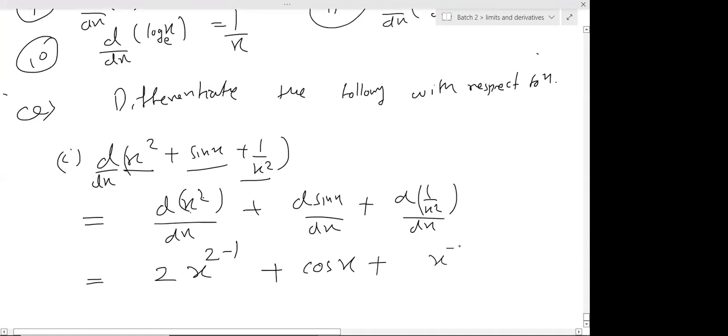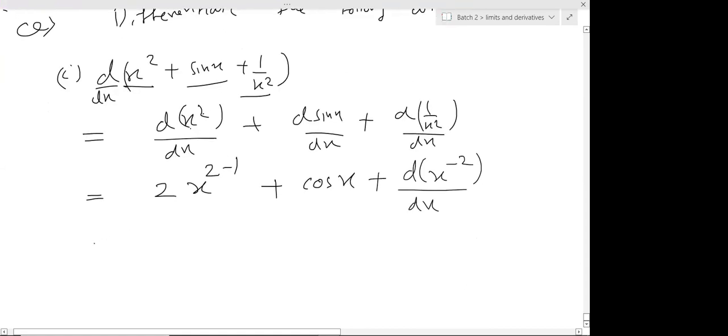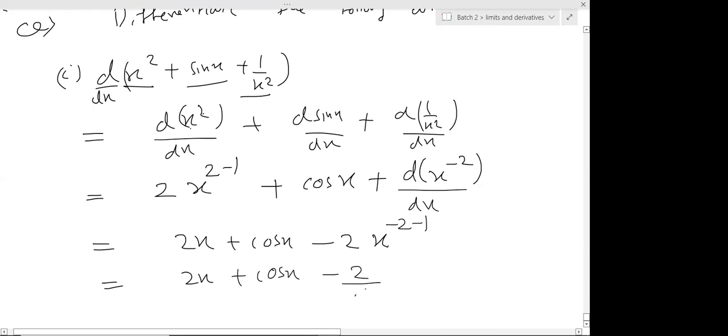We can write it as x raised to the power minus 2. Here the power is minus 2, so minus 2 x raised to the power minus 2 minus 1, n into x raised to the power n minus 1. So this becomes 2x plus cos x minus 2x cube. All right, clear?